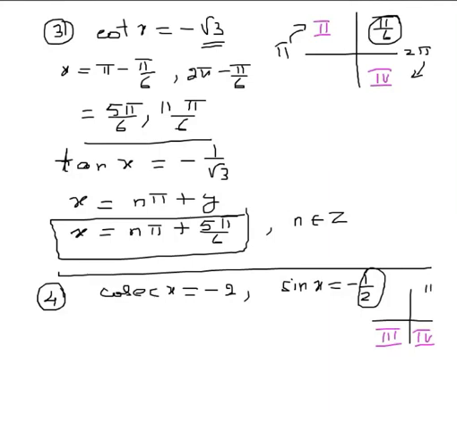Sine 30 degrees is plus half, we know. So pi by 6 is the base angle. But we need the third quadrant angle. The third quadrant angle we write as pi plus, and the fourth quadrant angle we write as 2 pi minus. So pi plus the base angle gives you the third quadrant angle and 2 pi minus the base angle gives you the fourth quadrant angle.